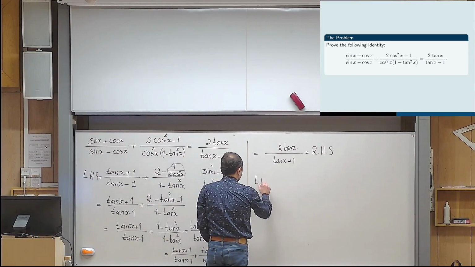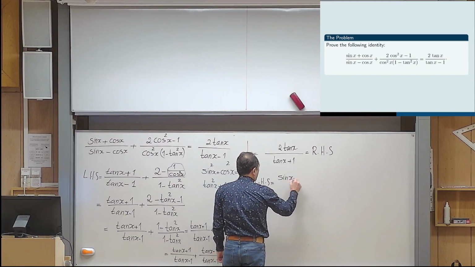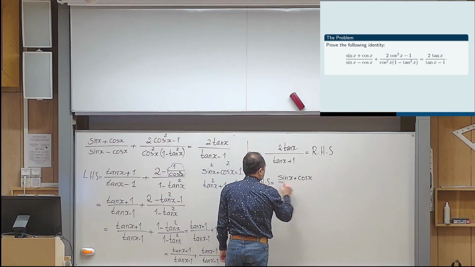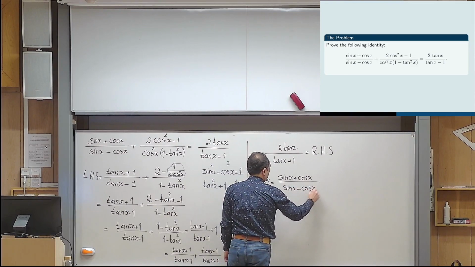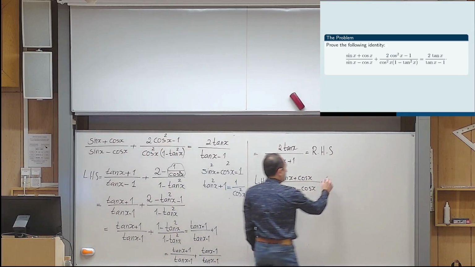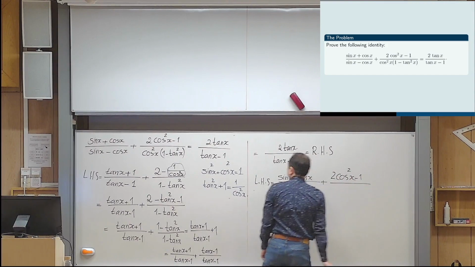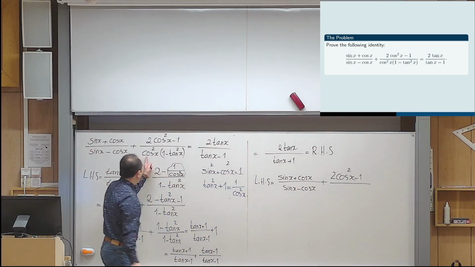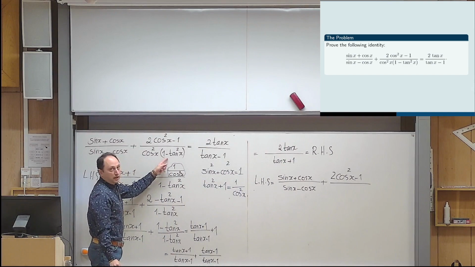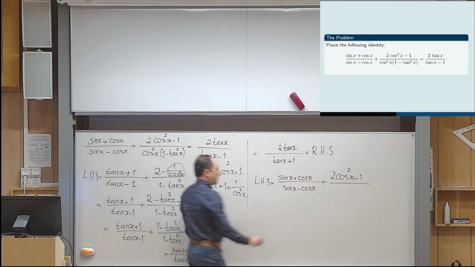I will write the left-hand side. So for the time being, let me keep sine x plus cosine x as it is. I have sine x minus cosine x. That's also possible, by the way. So here, 2 cosine x squared minus 1. But I multiply cosine x squared inside. So cosine x squared times 1 is cosine x squared.